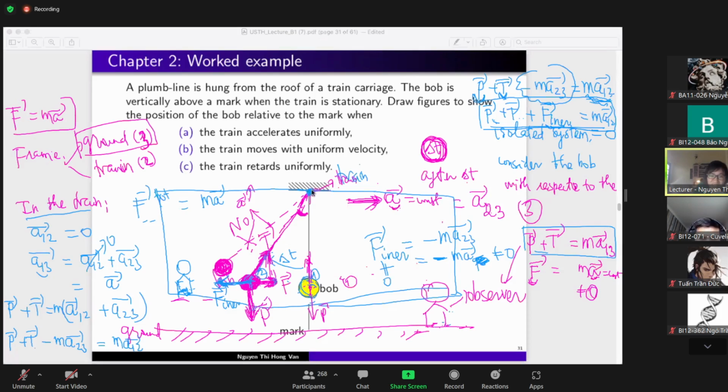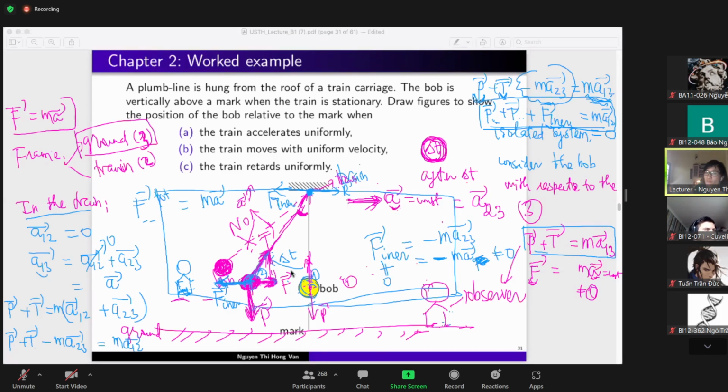So it still has the inertial force here, but it is balanced by the reaction of the train because it's fixed here. Okay, so they are cancelled out. But if the bob is free, connected to the string like this, it moves to the left, so that these three forces are balanced. Is it clear?